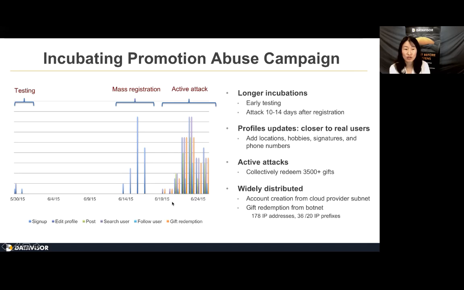If you also use rule-based systems, when these users attack, they're already two weeks old, and they have some good reputation. They haven't done very aggressive behavior at sign-up, and they have a perfect profile. If you look at each individual user, they look very normal. So the rule-based system also finds it very hard to detect these guys.